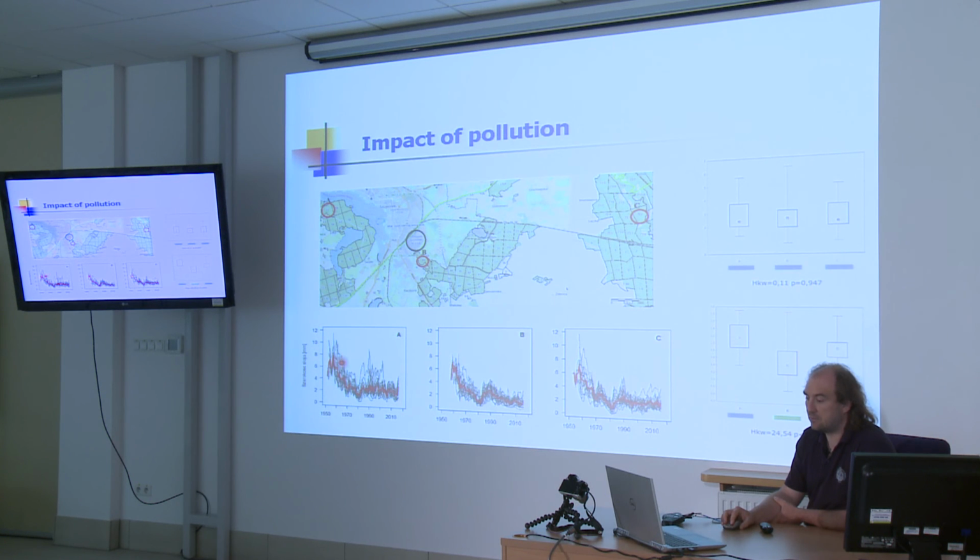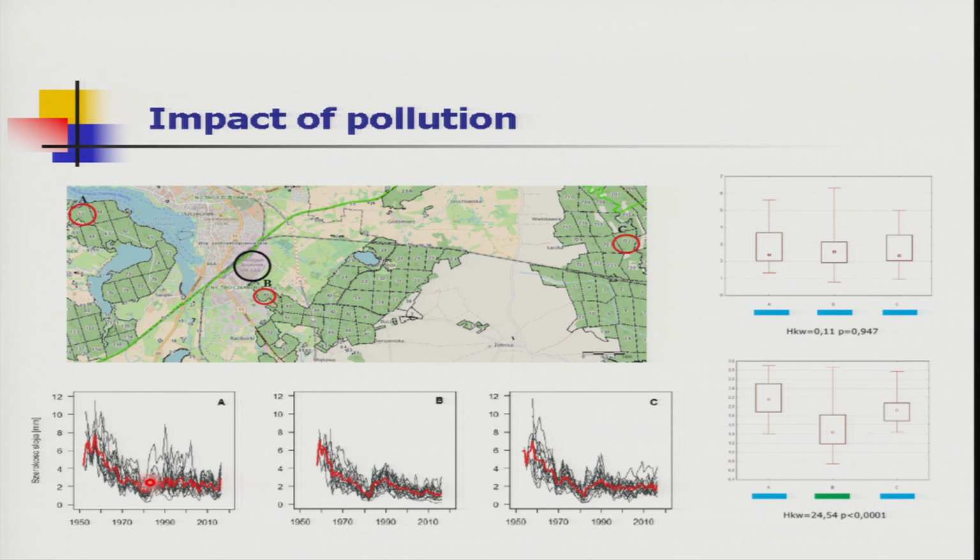And the A, the control site, has a little bit different strategy or curves of this tree-ring width over the time.